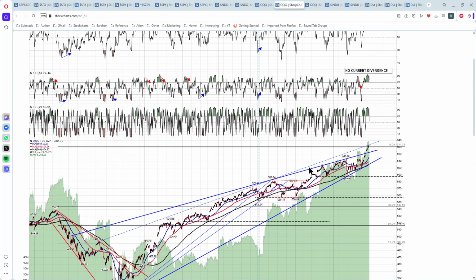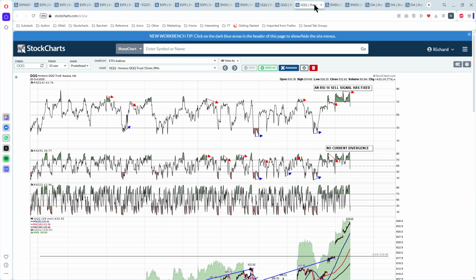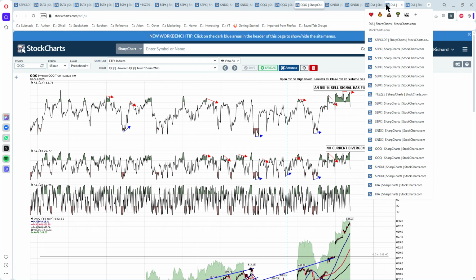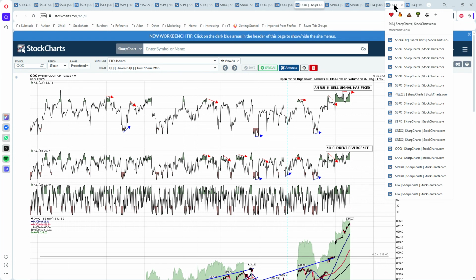We went through the first resistance trend line I was showing and have hit the second one. This is a very, very slight overthrow. Once I've tweaked the trend lines, it's possible that might disappear. On the 15-minute chart, we've again got a 15-minute RSI 14 sell signal fixed, which supports the idea that we have some kind of pullback today.